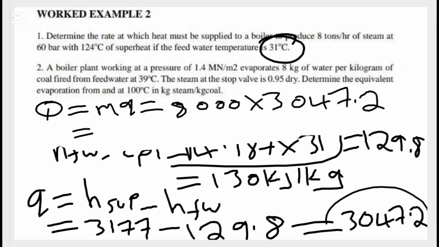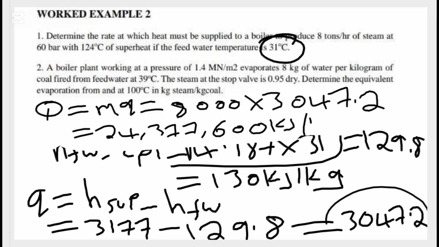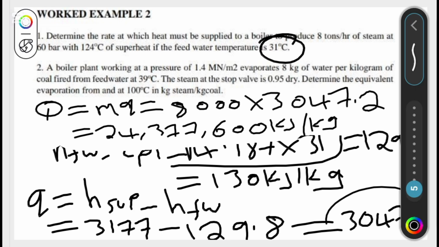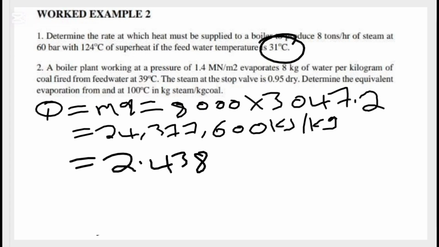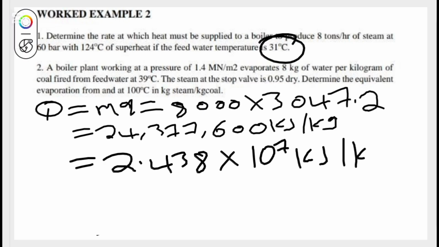So therefore at the end I will get 24,377,600 kilojoule per hour. This is the same thing as saying approximately 2.438 times 10 to the power of 7 kilojoule per hour.